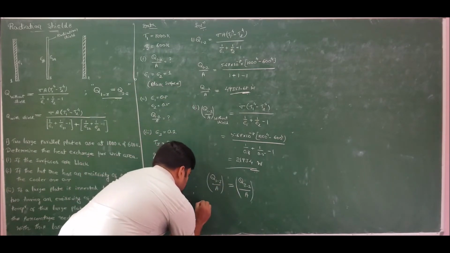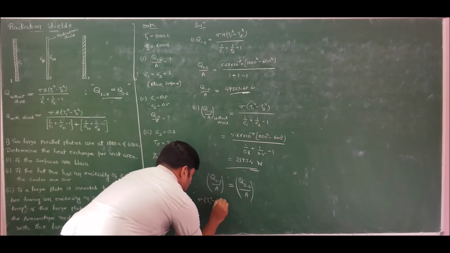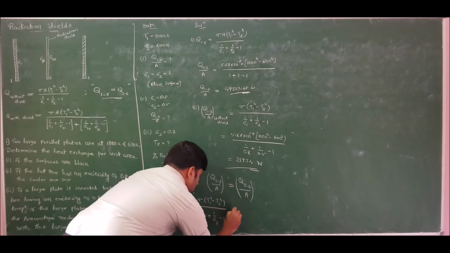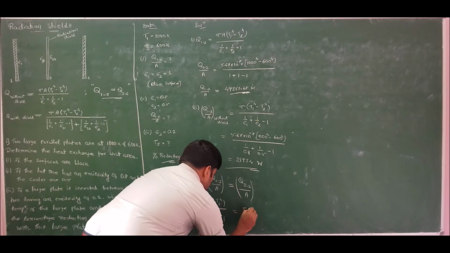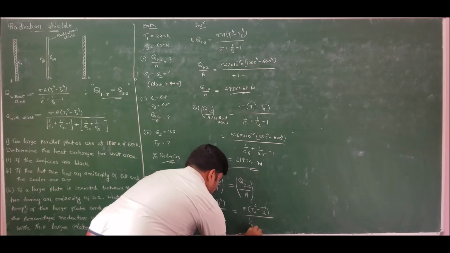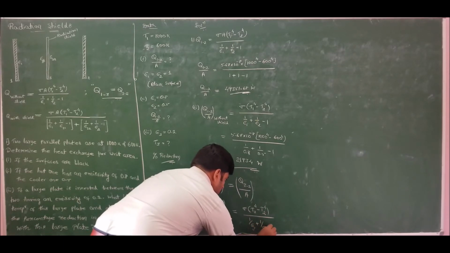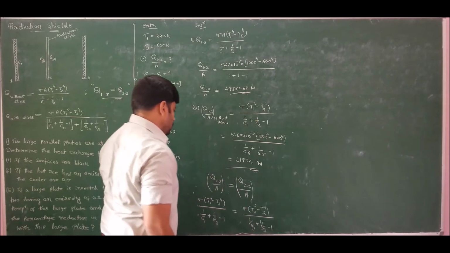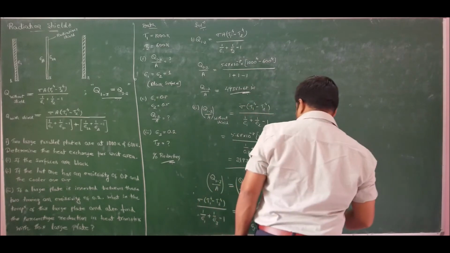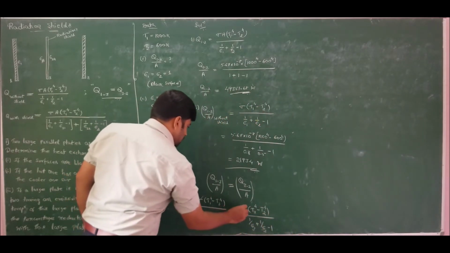sigma (T1 to the power of 4 minus T3 to the power of 4) divided by (1 by epsilon 1 plus 1 by epsilon 3 minus 1). This must be equal to sigma (T3 to the power of 4 minus T2 to the power of 4) divided by (1 by epsilon 3 plus 1 by epsilon 2 minus 1). So if I substitute and solve, I can cancel off the Stefan's Boltzmann's constant on either side.